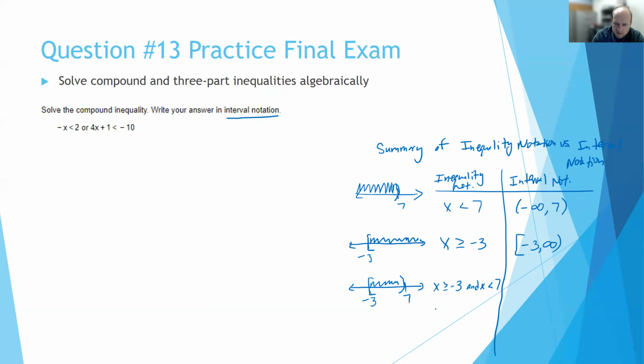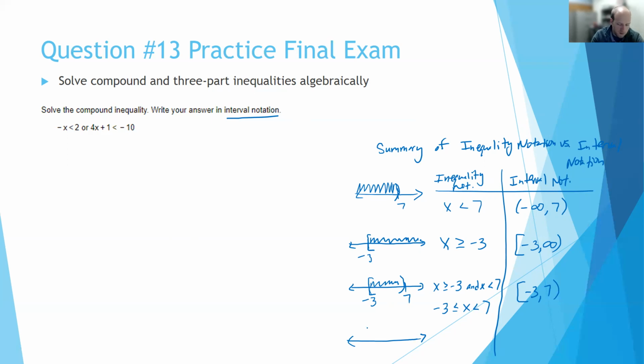You could also write that as -3 is less than or equal to x is less than 7. But the interval notation for that would be bracket -3, 7, parenthesis. Remember, we put parentheses when it doesn't include that number. So it goes all the way up to 7, 6.99999, but it doesn't touch 7 ever, but this one touches -3. So we put a bracket there.